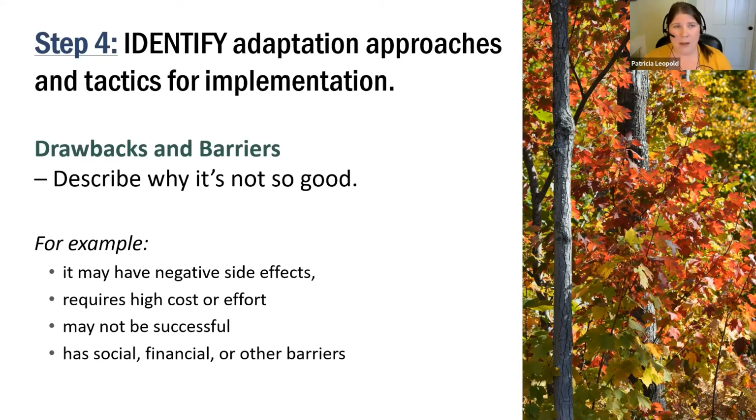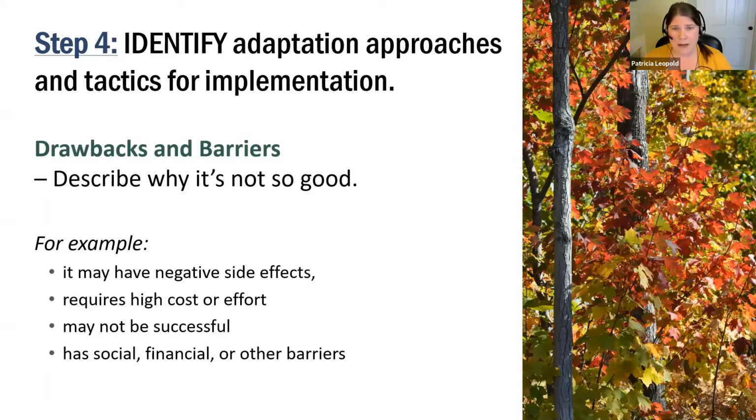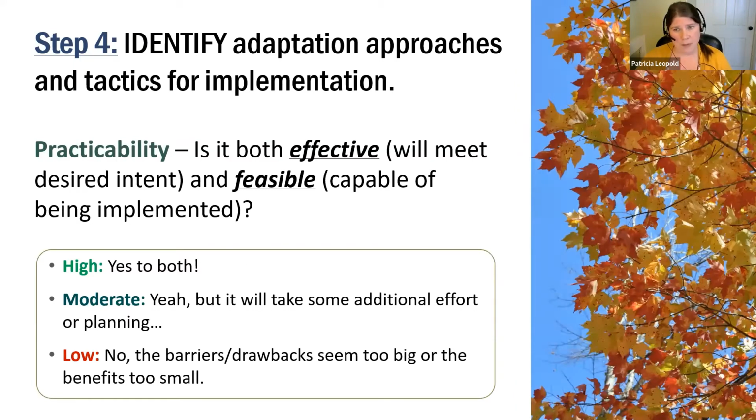So you want to get down your benefits and your drawbacks and barriers so that you can set yourself up to then rate the practicability of implementing your project. And so what we want to do here is simply think about, is this tactic both effective? Is it going to do what I need it to do?